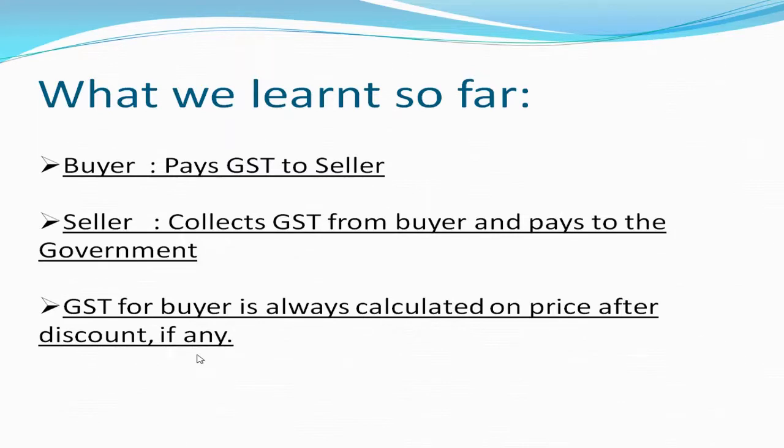Then the GST will be calculated on that 90 rupees, the final price charged to the buyer, right? So if there is no discount, that's fine. So whatever price the buyer is supposed to pay to the seller after discount, if at all there is a discount, the GST is charged on that amount, the final price to the buyer. Got it?